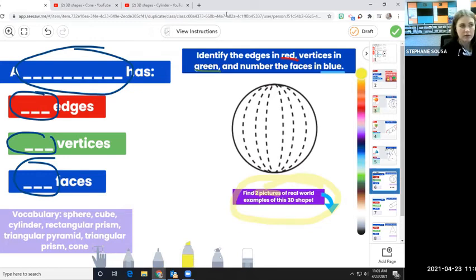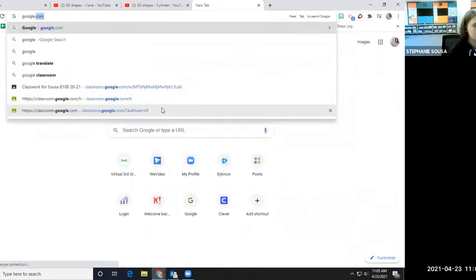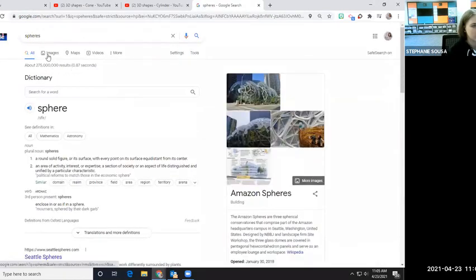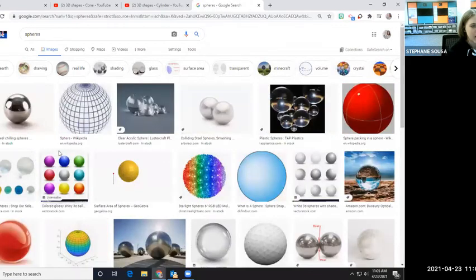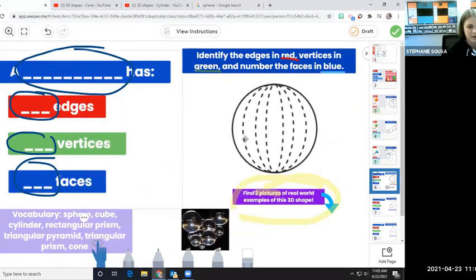So if I wanted to find a real-world example of a sphere, I might go to Google Images and type in spheres. Ah, a bubble. I could take this picture and place it on my seesaw as an example of a sphere in the real world. So again, you're going to name and describe, color, and put down pictures of the real life shape.